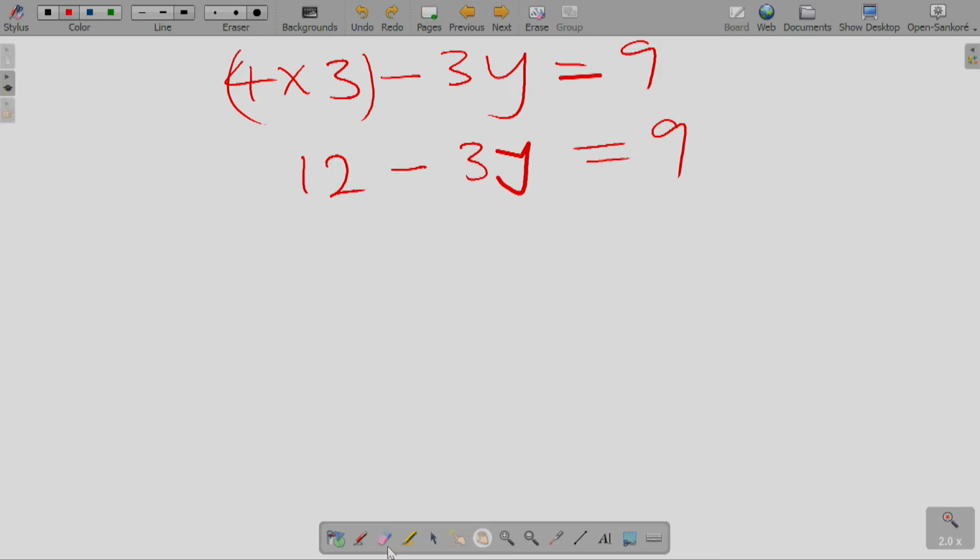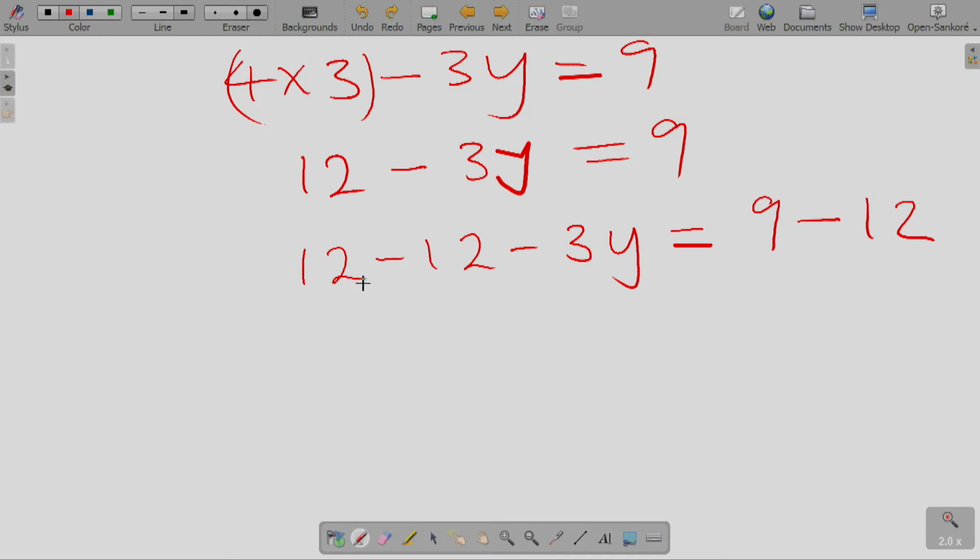So now let's subtract 12 from both sides. We'll have 12 minus 12 minus 3y equal to 9 minus 12.